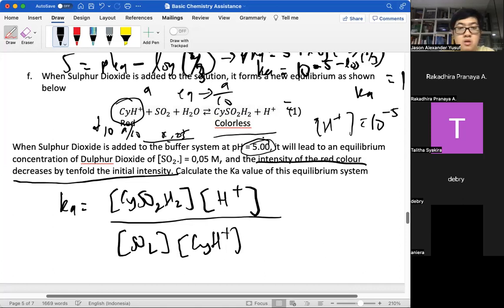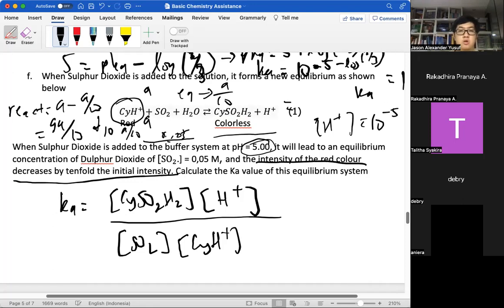So in order to do this, we are actually given a clue that the red color decreases by tenfold. So that means from a very, very red color, you get something that is semi colorless. So that means this concentration increases. And does it increase by tenfold? No. So this is initial, right? A at equilibrium is A over 10. So that means reacted would be A minus A over 10, 9A over 10.